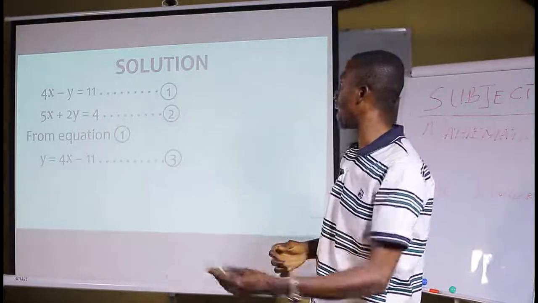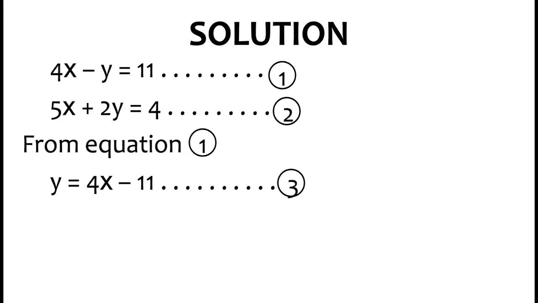So the left now becomes 4x minus 11. And when negative y from the left crosses to the right, it becomes positive. So y now equals 4x minus 11, which is equation 3.